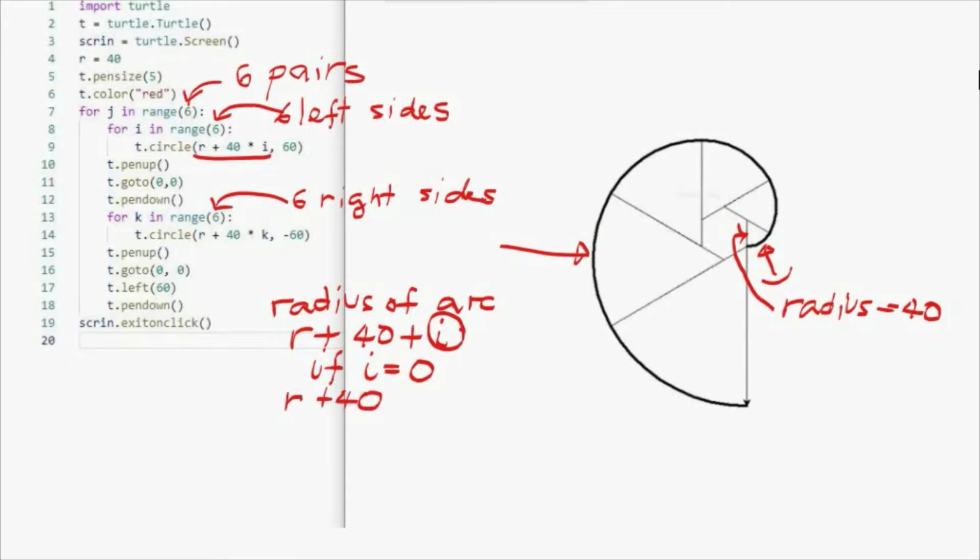Incidentally, our r is 40 here. Our r is 40. So this is 40 for the r here. And then 40 for the plus 40 here.